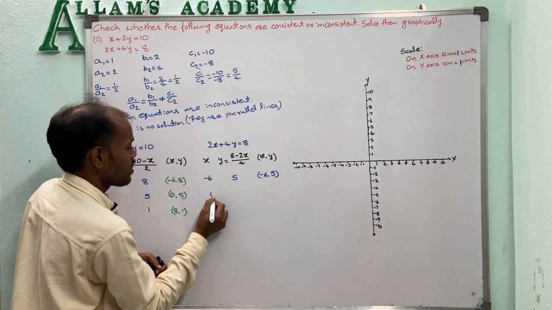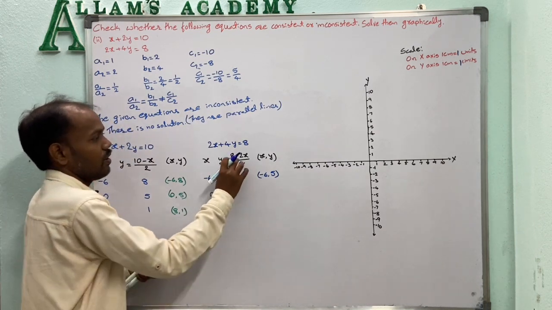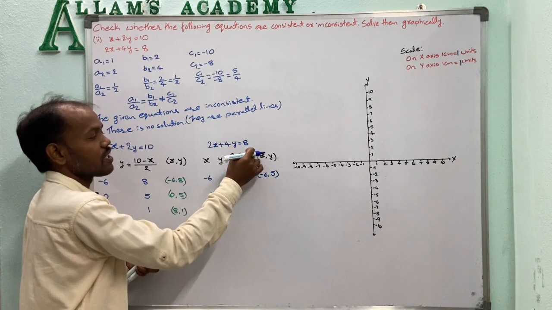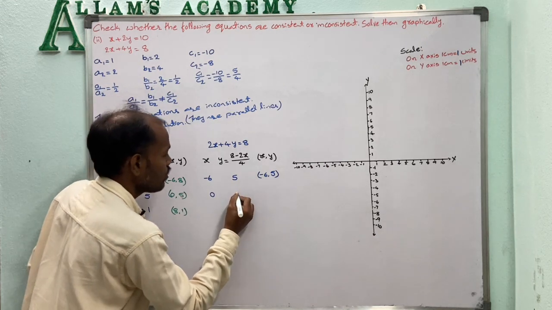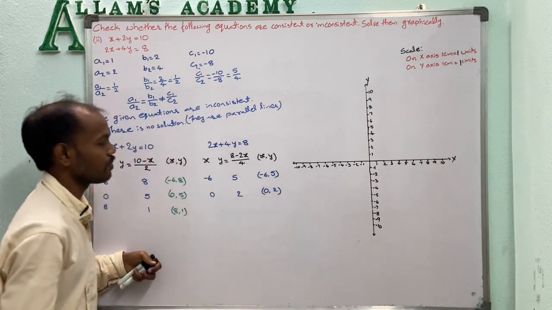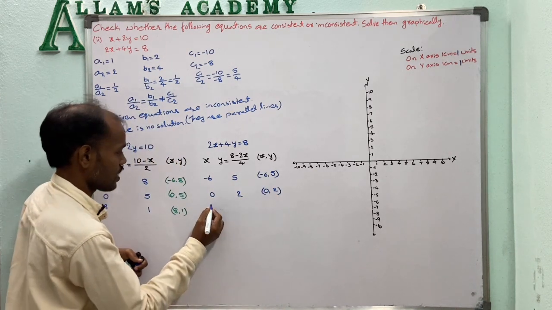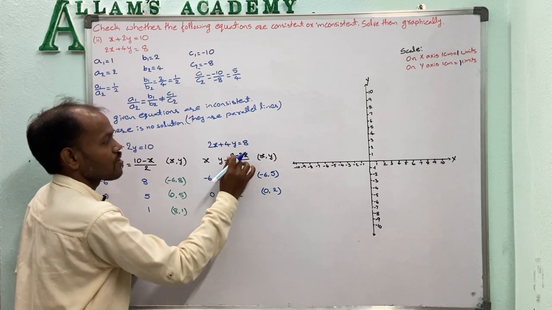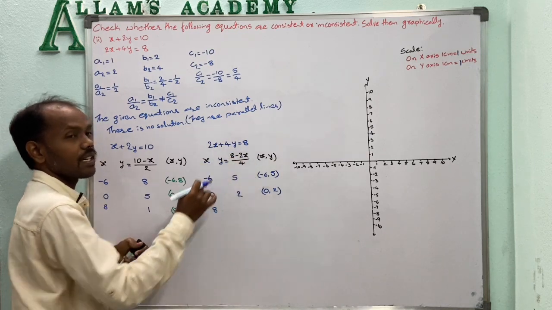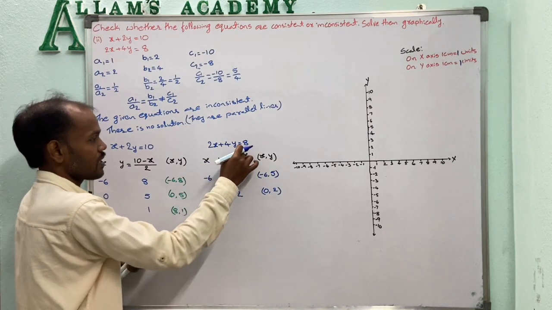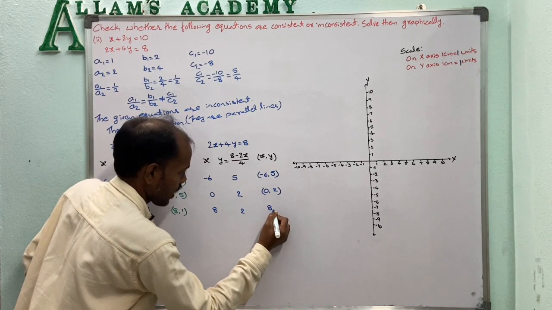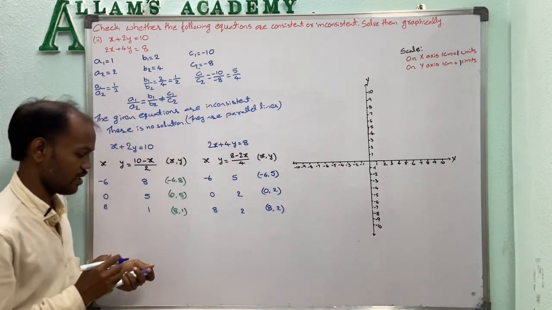Next, if we substitute 0, 8 minus 0 equal to 8, 8 by 4 equal to 2. For 0, the corresponding y coordinate is 2. Next, if we substitute x equal to 8, minus 2 into 8 equal to minus 16, minus 16 plus 8 equal to minus 8, minus 8 by 4 equal to minus 2.